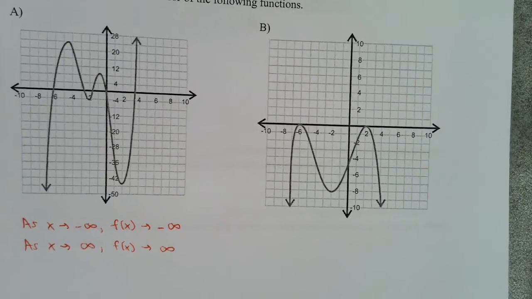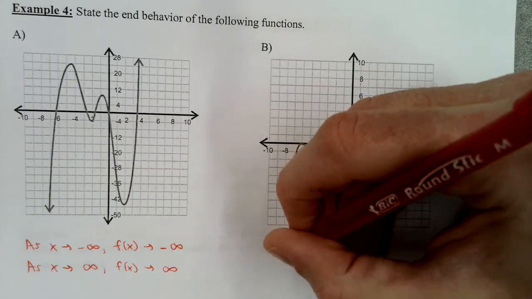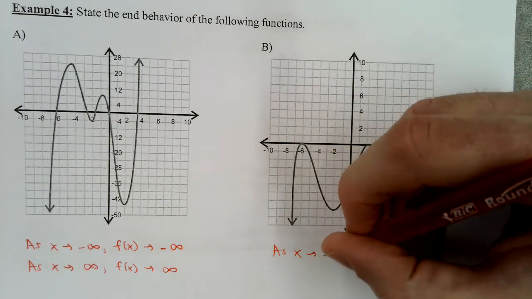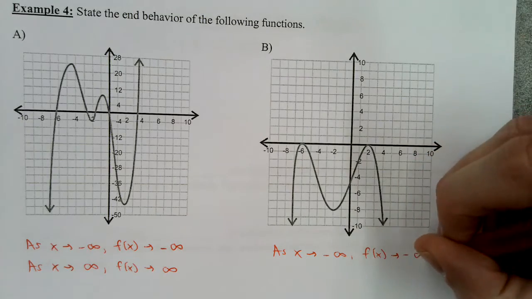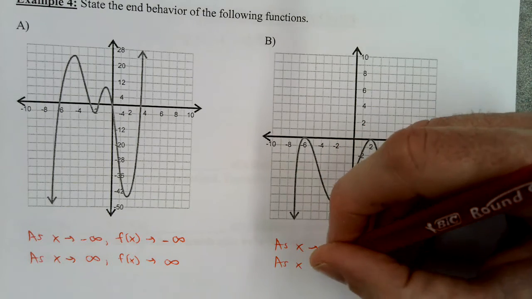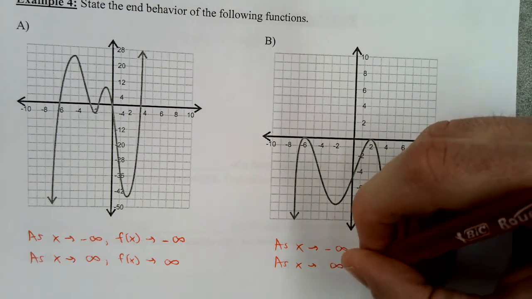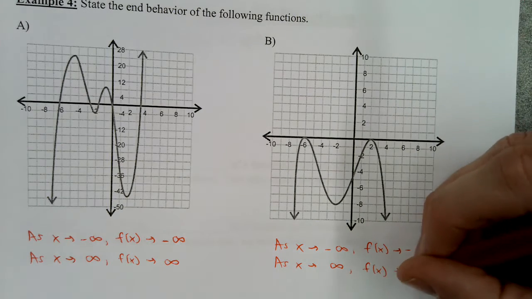That'll be new. So for example 4b, as x approaches negative infinity, the graph is also approaching negative infinity because it's going down. And as x approaches positive infinity, the graph once again is still approaching negative infinity because it's going down.